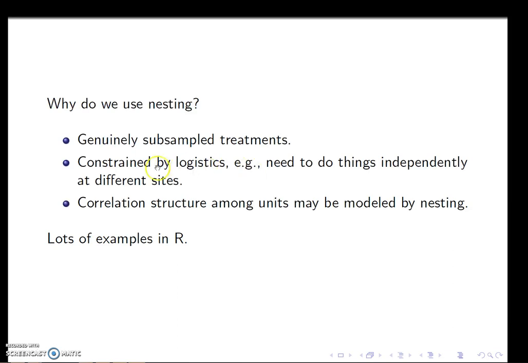It's constrained by logistics. You do things differently at different sites, or you got apples from certain varieties. There's all kinds of reasons. And the correlation structure among the units can actually be directly modeled when you nest things, so that has a nice application. We'll be doing lots of examples to make sure we understand this.